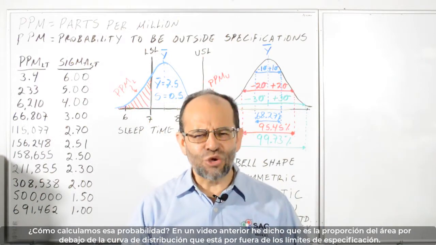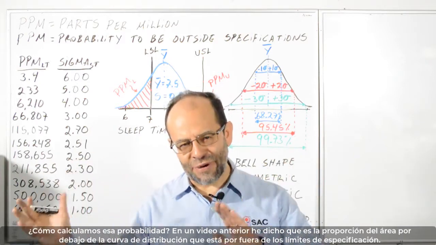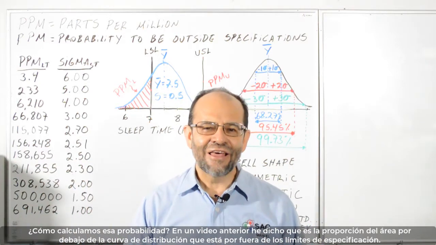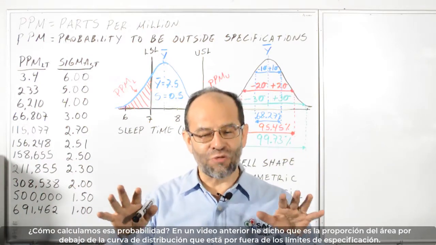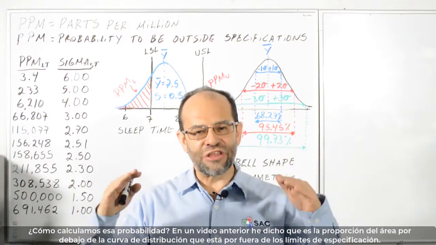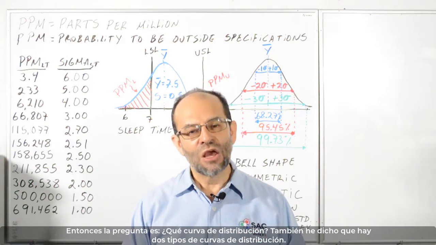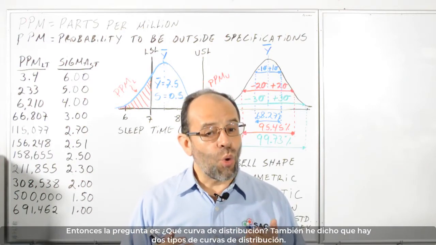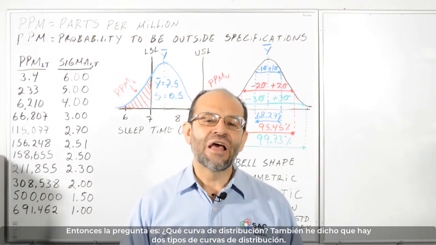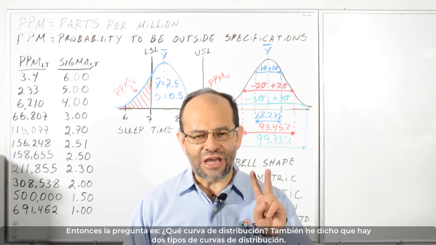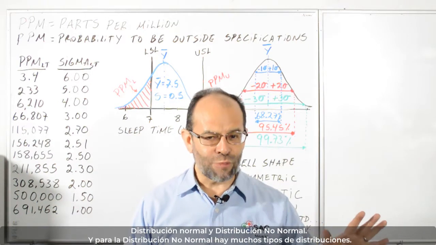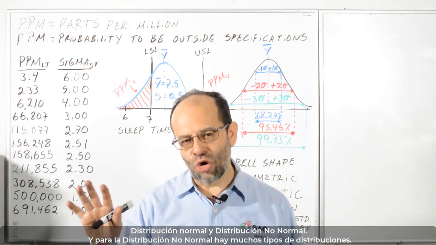And how to calculate that probability? Also in a previous video, I have said that that is the proportion of the area below the distribution curve that is outside the specification limits. Well, the question is, what distribution curve? I have also said that there are two types of distributions, normal distribution and non-normal distribution.